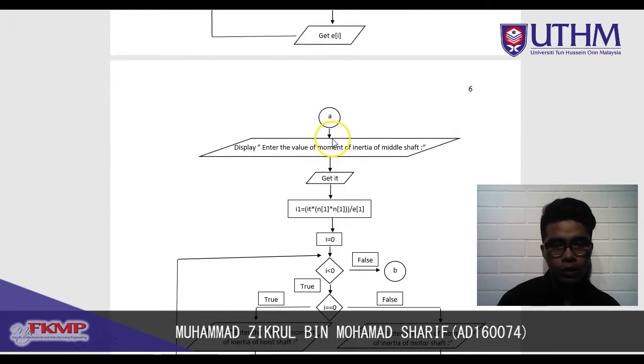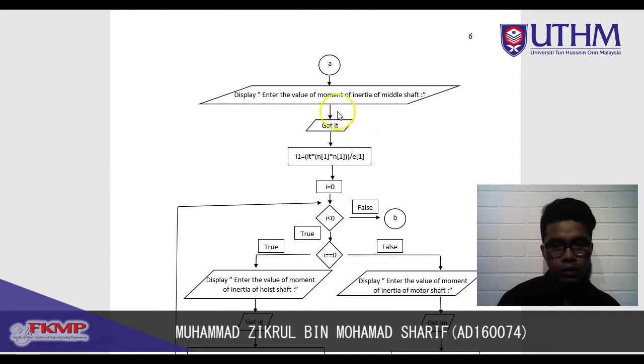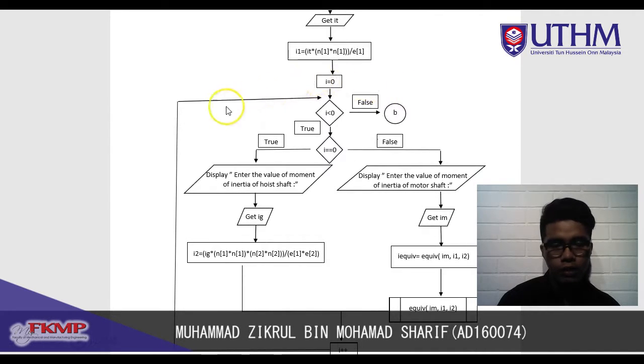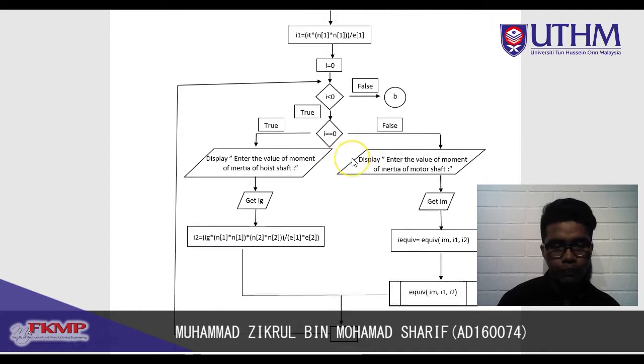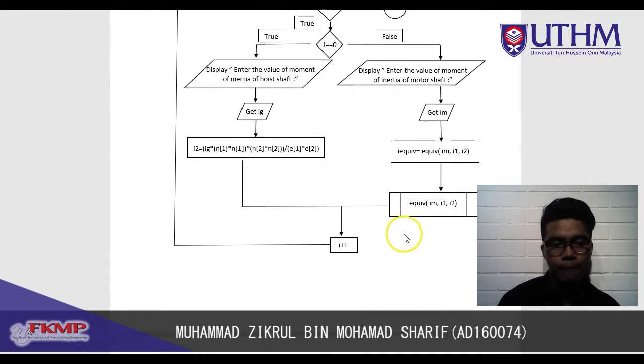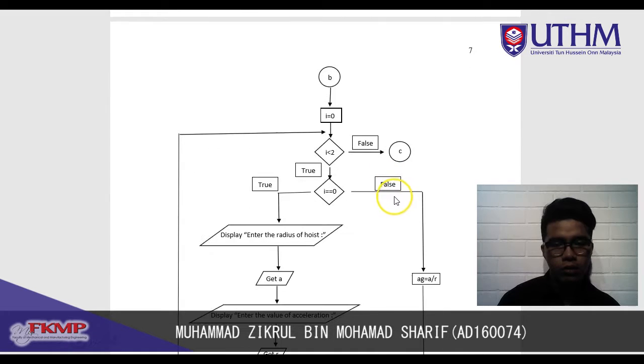It continues here. It enters the initial of the middle shaft, and continues to the second loop, which is also a for loop. In the second loop, it contains a function, which is this function, equivalent. Next it continues to the third loop.